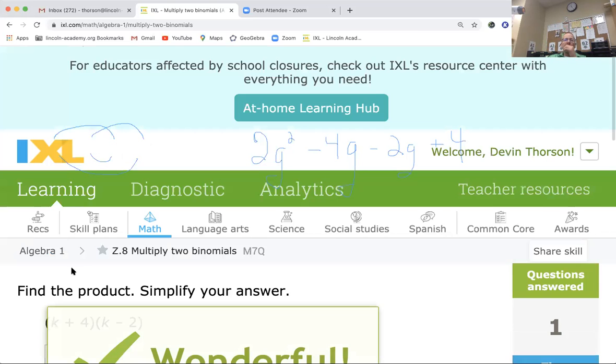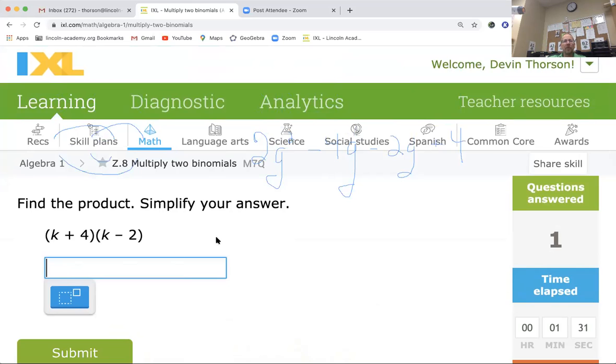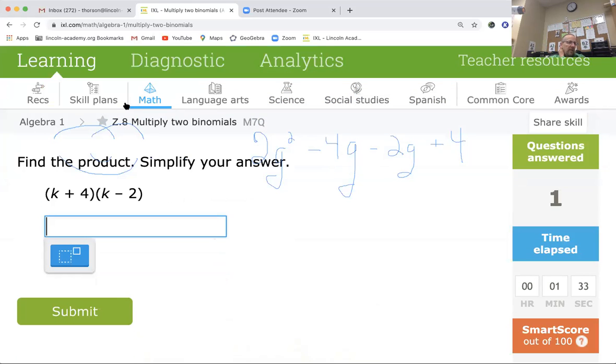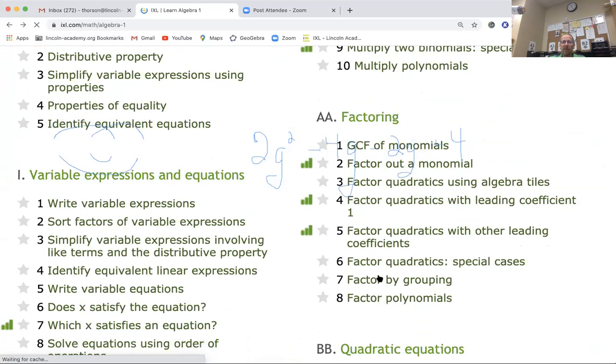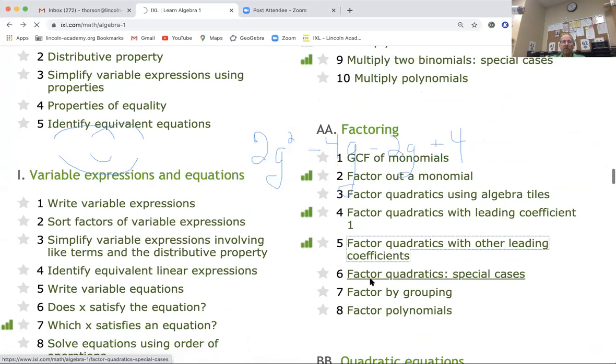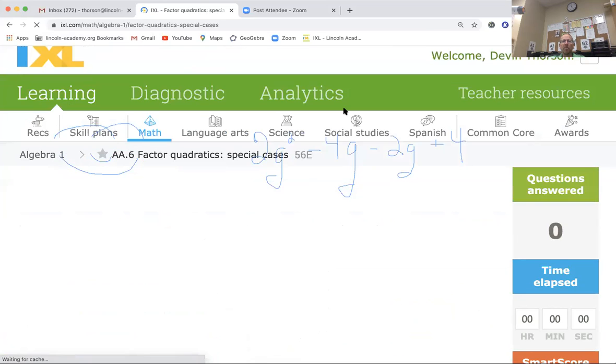And what I was doing on those ones was the difference of two squares is sometimes those middle terms cancel out. Because that's all we're doing on these is going backwards.